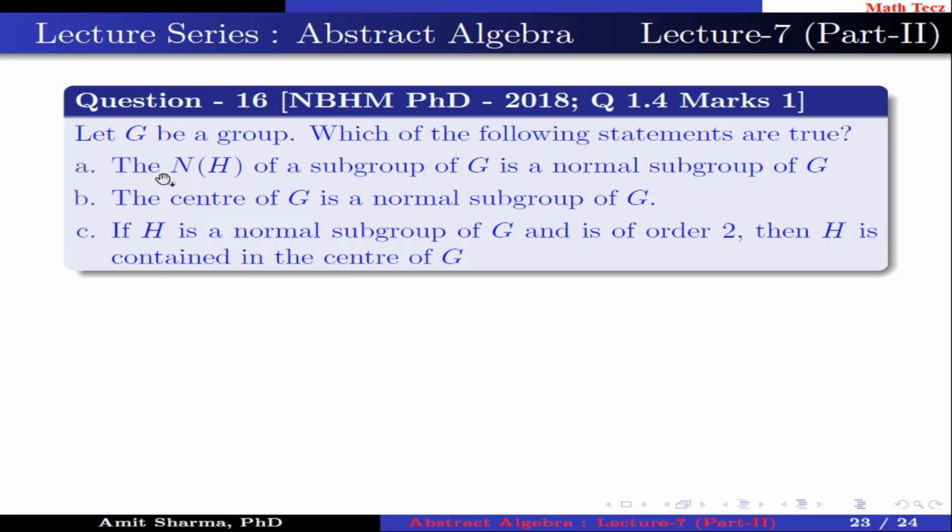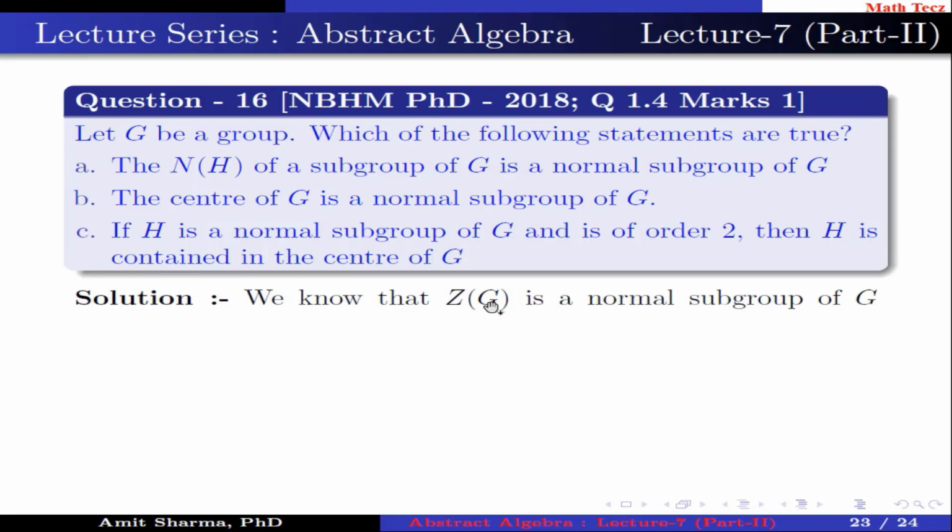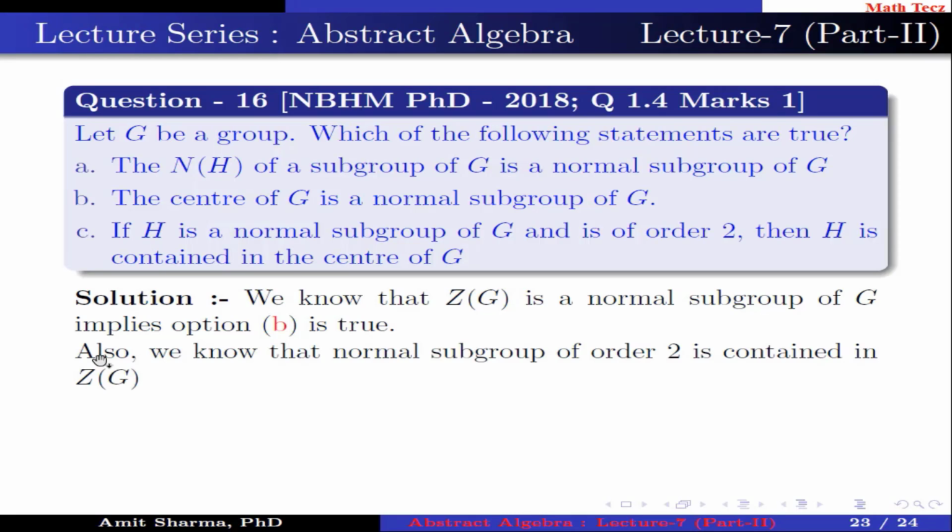Option A. The N(H) of a subgroup of G is normal subgroup of G. Option B. The center of G is normal subgroup of G. Option C. If H is normal subgroup of G and is of order 2, then H is contained in center of G. We know that center of G is normal subgroup of G, implies option B is true. Also, we know that normal subgroup of order 2 is contained in center of G, implies option C is true.